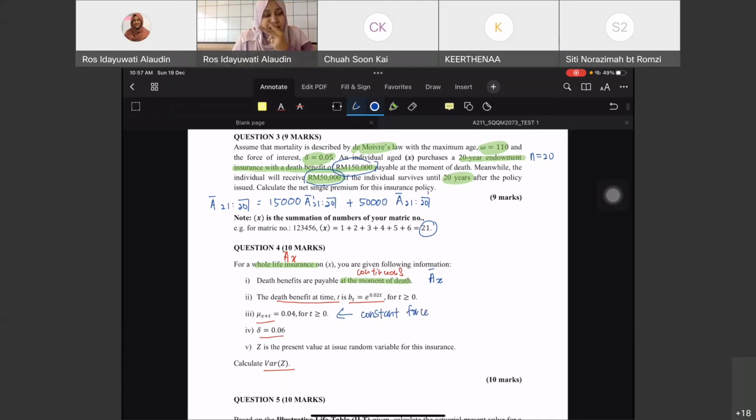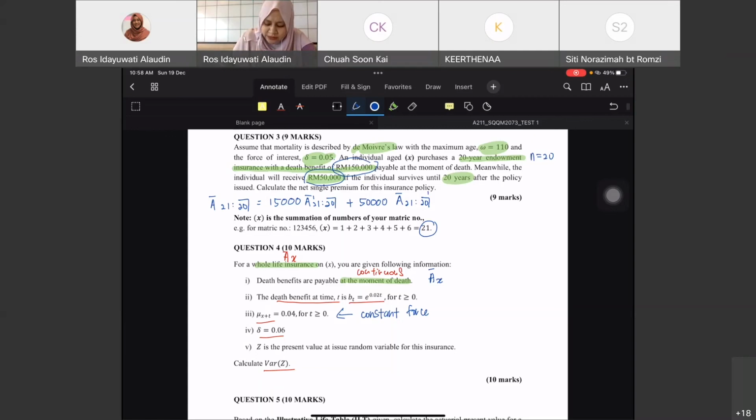We know that we have to use constant force. Remember, we have two types of law. We have De Moivre's law, and also we have constant force. In question 3, we need to use De Moivre's law. In question 4, it states that mu is constant, equal to 0.04 for all t, so we need to use constant force.